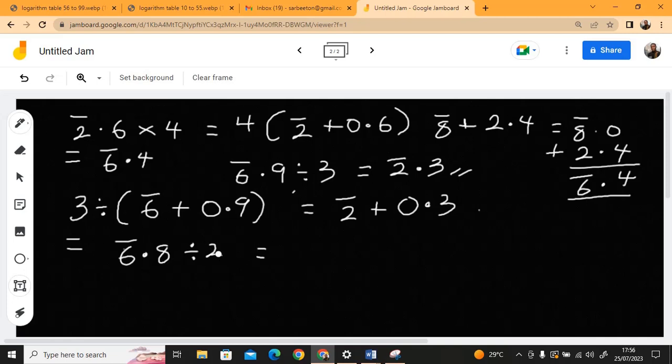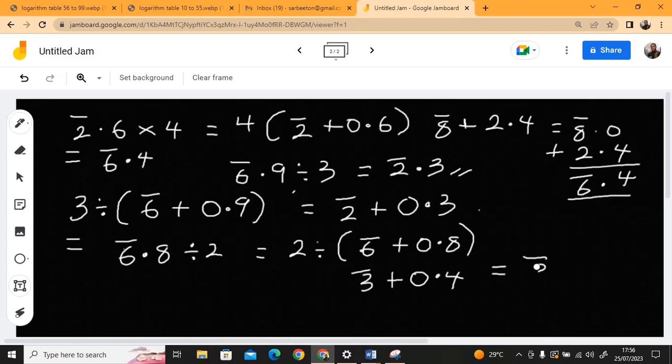The same thing you do, you bring the 2 outside, you are dividing, you open a bracket, so this bar 6 will stand alone, then plus 0.8, right? So you close the bracket. So 2 divided by bar 6, that is bar 3, plus 0.8 divided by 2, that is 0.4. So when you add them up together, you get bar 3 point 0.4. So that is your final answer for this one.